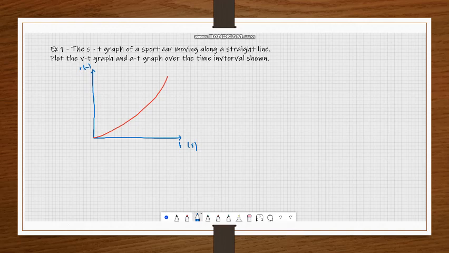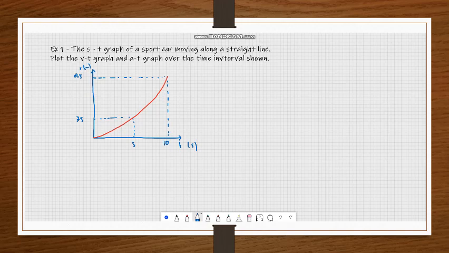The top point is at 10 seconds, which corresponds to 225 meters, and at 5 seconds, also given, it corresponds to 75 meters.